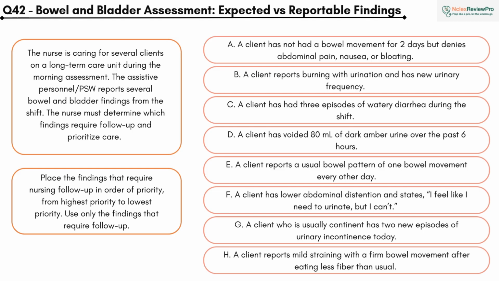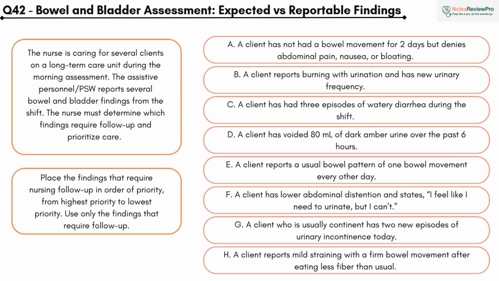Option B. A client reports burning with urination and has new urinary frequency. Option C. A client has had 3 episodes of watery diarrhea during the shift. Option D. A client has voided 80 milliliters of dark amber urine over the past 6 hours.